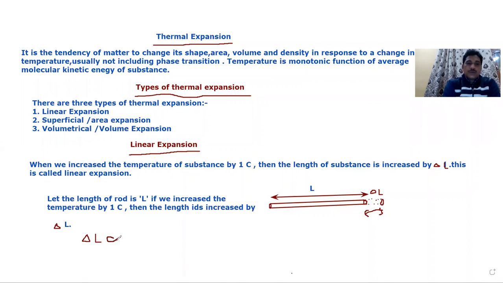Means we can say delta L is proportional to the original length. This will be equation number 1. Now again we can say delta L is also proportional to delta T, the temperature difference.